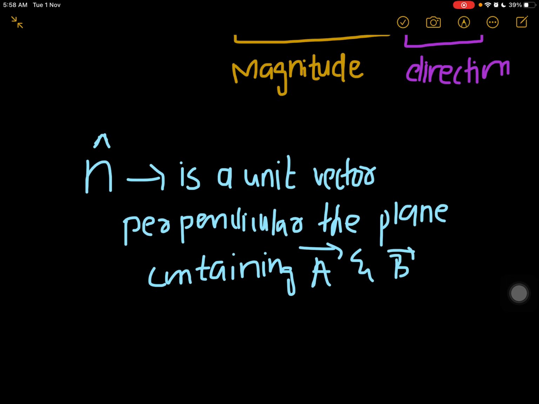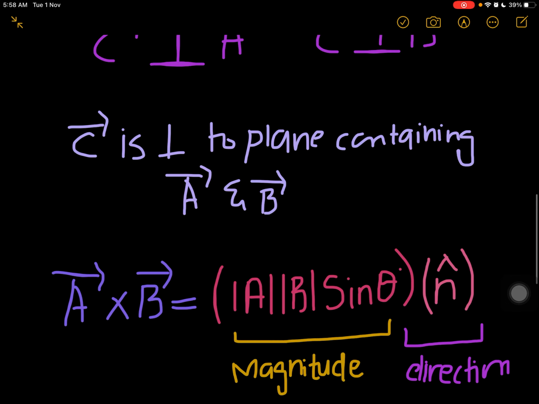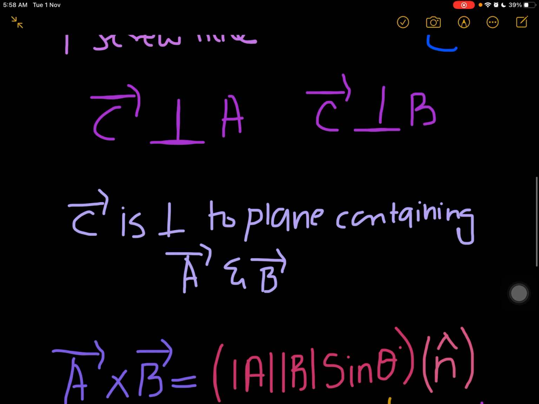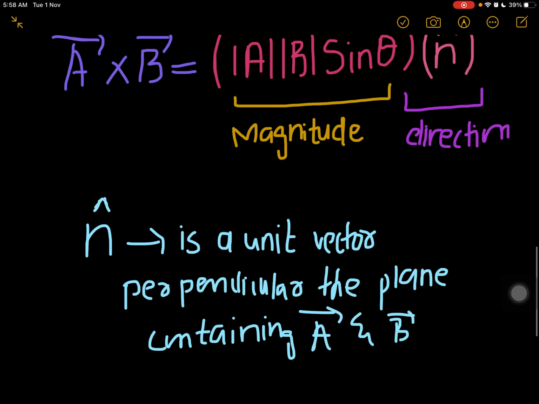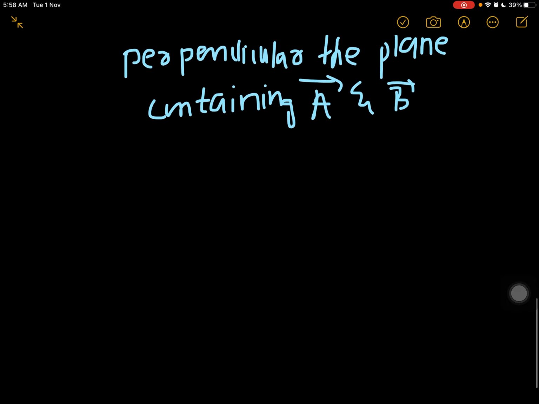So it's the same thing which I have talked about before, that this n is basically a unit vector which is perpendicular to the plane containing A and B. This is what I talked about here, that C, the product that will come, will be perpendicular to the plane containing A and B. So what is the purpose? The purpose is only to show us the direction, right?